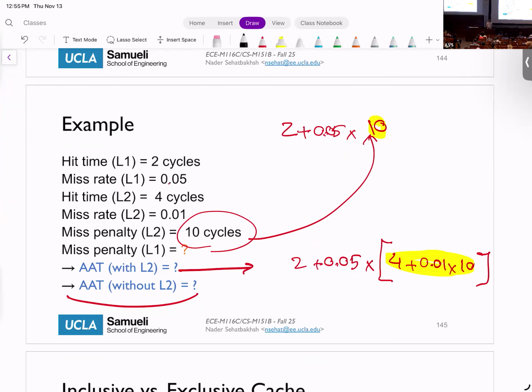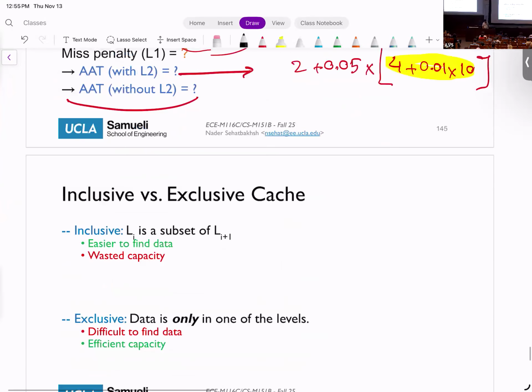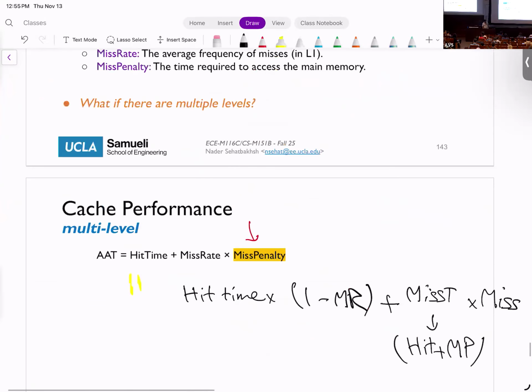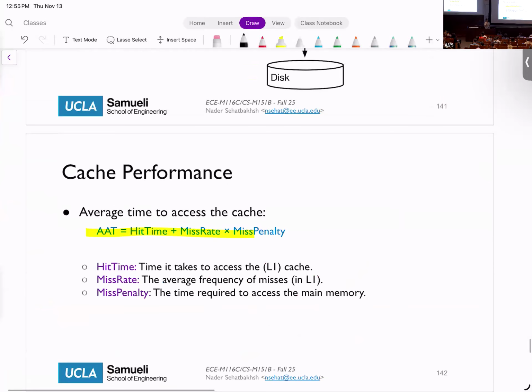So what this does is essentially add an additional level of cache, allowing you to reduce the miss penalty, because now you look into a lower level cache and you can store a little bit more, and then a little bit more, and so on. You might ask, if I can have, let's say, 256 kilobytes of cache, why don't I add it to L1 directly and make the L1 bigger?